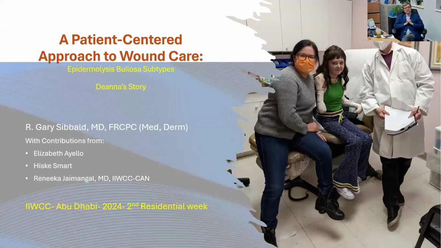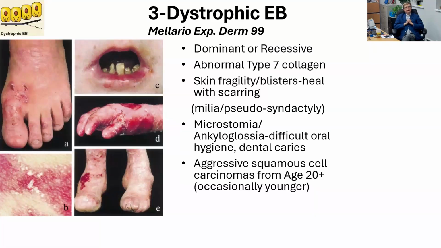So this is looking at epidermolysis bullosa, and it's Deanna's story. Dystrophic EB is dominant or recessive, and it's abnormal type 7 collagen. Type 7 collagen is the anchoring fibrils that hold the epidermis and the dermis together.